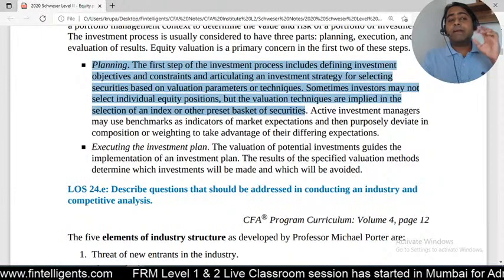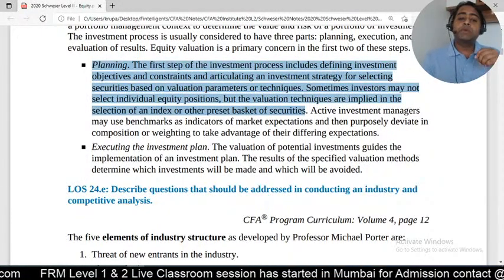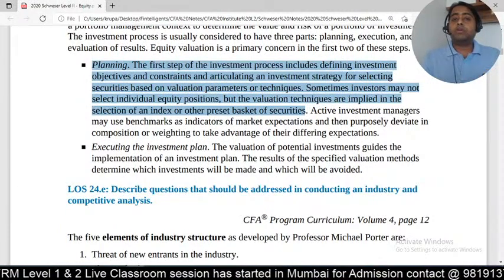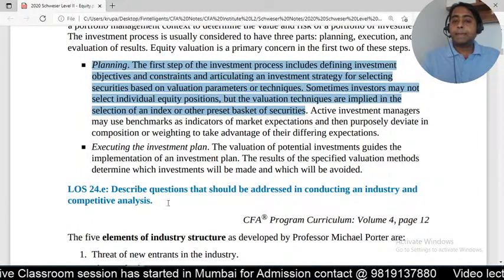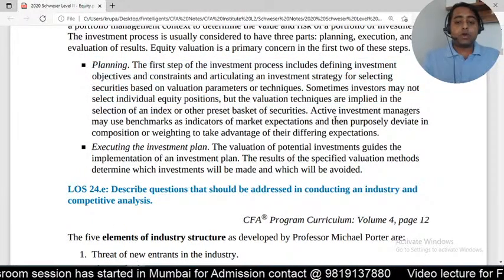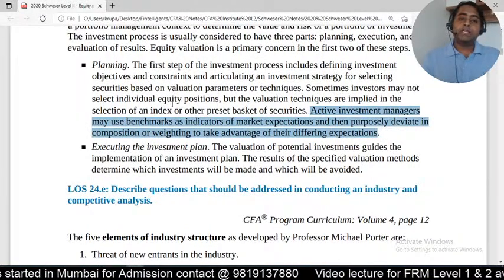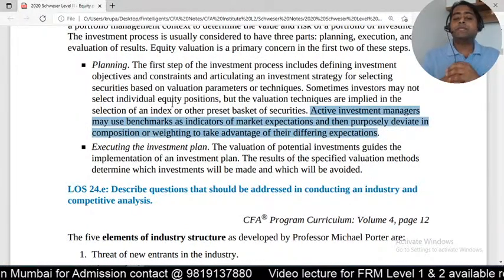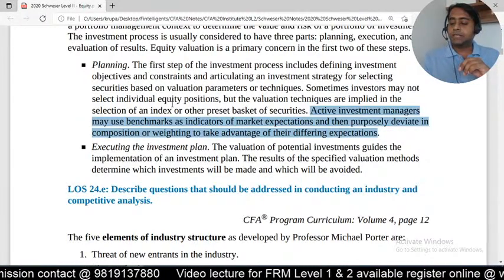When I do this activity, I will definitely look into the equity value. So over here also your equity valuation process comes into the picture. Because when I added a stock, it was, for example, undervalued, but now it is overvalued. Those kinds of changes will always happen. Read this paragraph, the 3 lines highlighted on the screen.